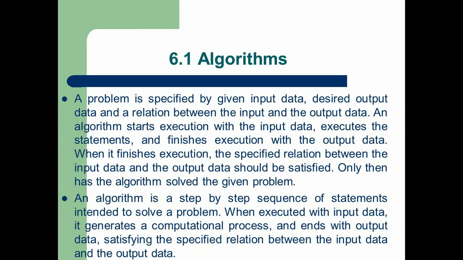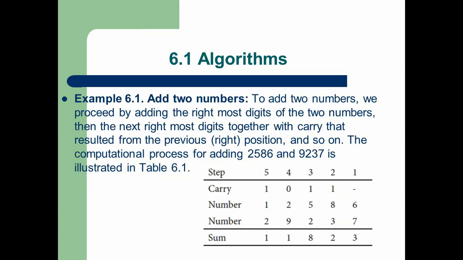For that, we need to know the relationship between input and output. This is the important point we discuss in this chapter. First, what is the algorithm; next, what inputs are required for that algorithm; how we are going to execute the algorithm, how we get the output, and what the relation between inputs and outputs is.